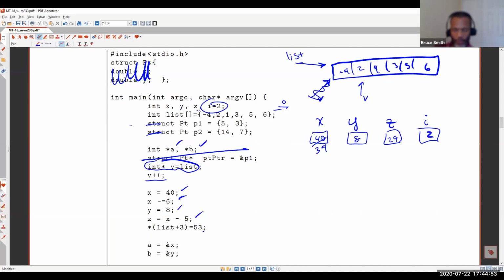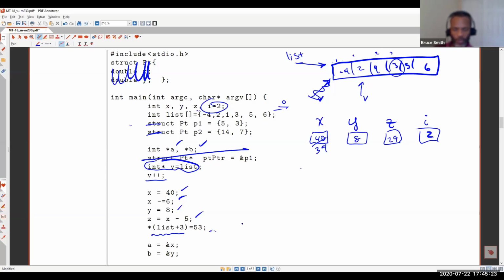As I go further, this says take 53 and assign it to list plus 3. List is pointing to this one, so with pointer addition, list plus 3 takes us over here. It's 3 hops: 1, 2, 3.